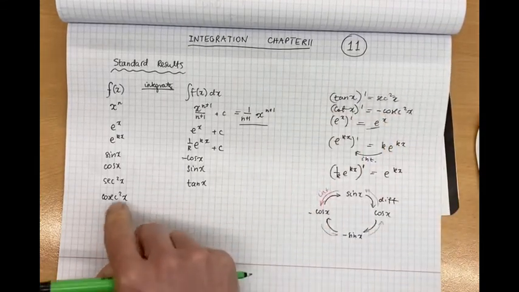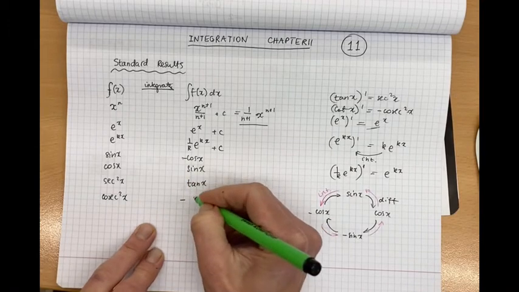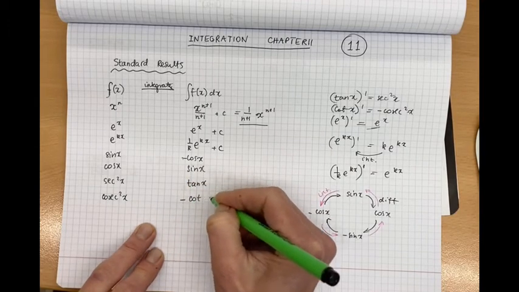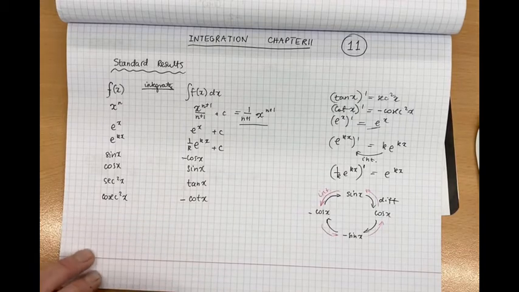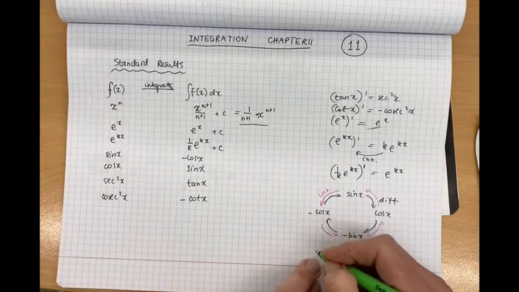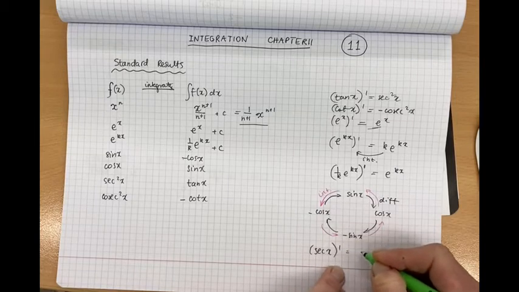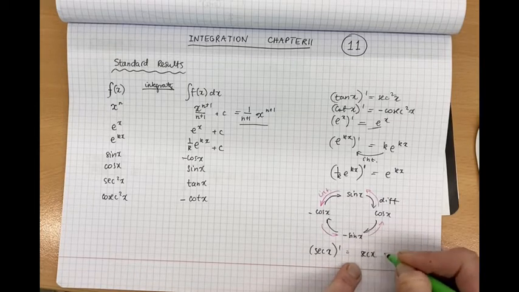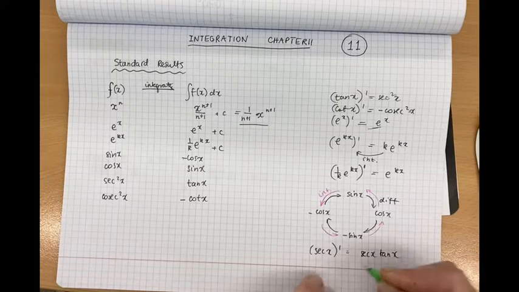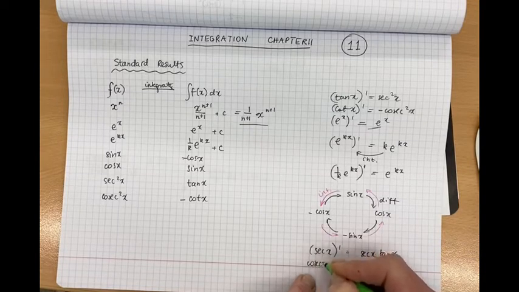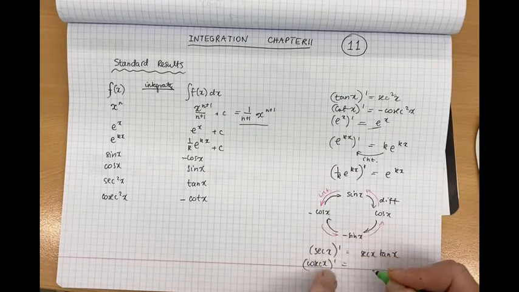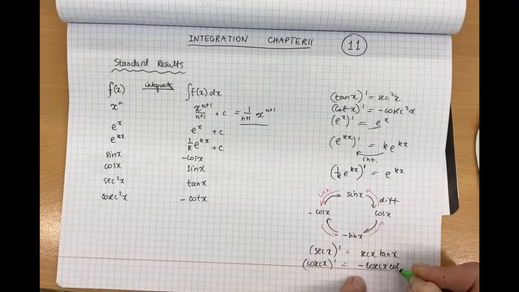Cosec squared will go to minus cot x, obviously plus c. So another two results that you've learned in the differentiation chapter is what sec x differentiates to. That goes to sec x tan x. And then you've got cosec x, that differentiates to minus cosec x cot x.